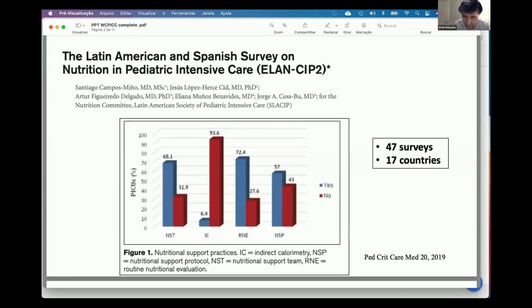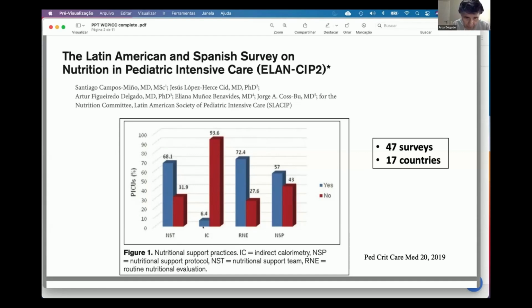There were 37 surveys in 17 countries. 7 of the pediatric intensive care units were from university-affiliated hospitals with a median of 380 admissions per year. In this study, it's possible to see that 68% of the pediatric intensive care units had a nutrition support team.